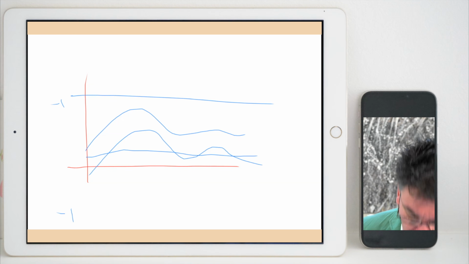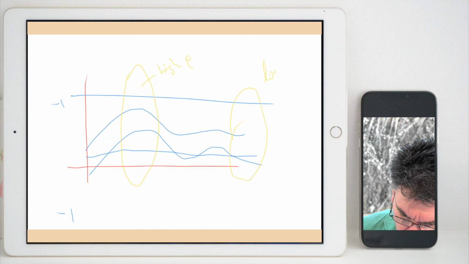Okay, so for example, if this is the chart that you get, here we see something interesting. We see that, for example, this period here is a period of high correlation, high rho, and this period is a period of low correlation.